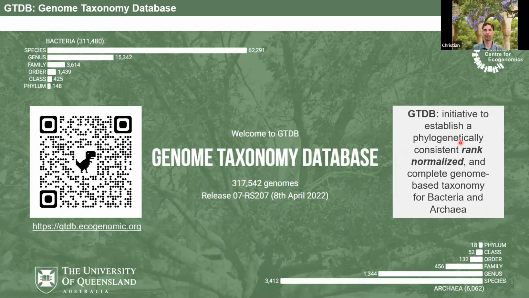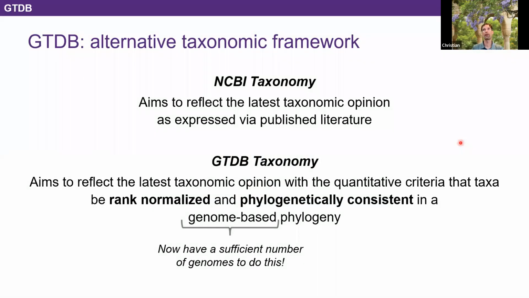Both of them. Now, another way to look at this, if you compare the taxonomic frameworks, there's NCBI. And as I mentioned earlier, it aims to reflect the latest taxonomic opinion as expressed via published literature. So what researchers submit to NCBI, and yes, it has to be published in some form for NCBI to accept that if you propose a new rank and a new name.